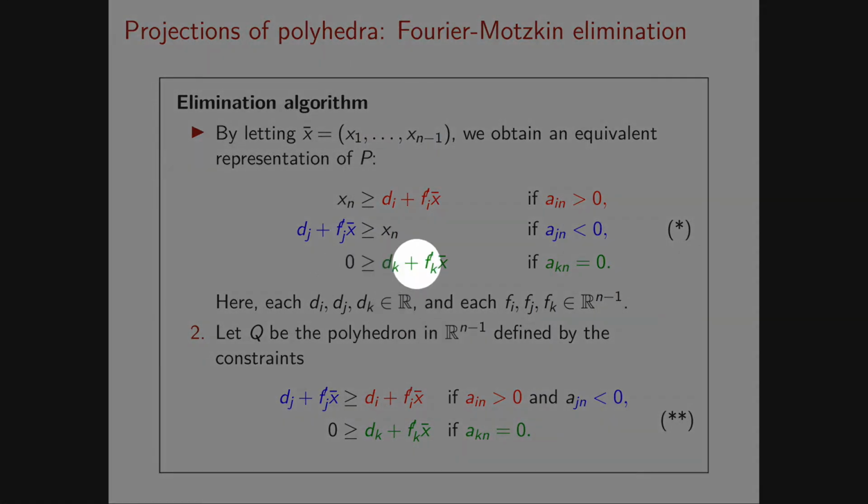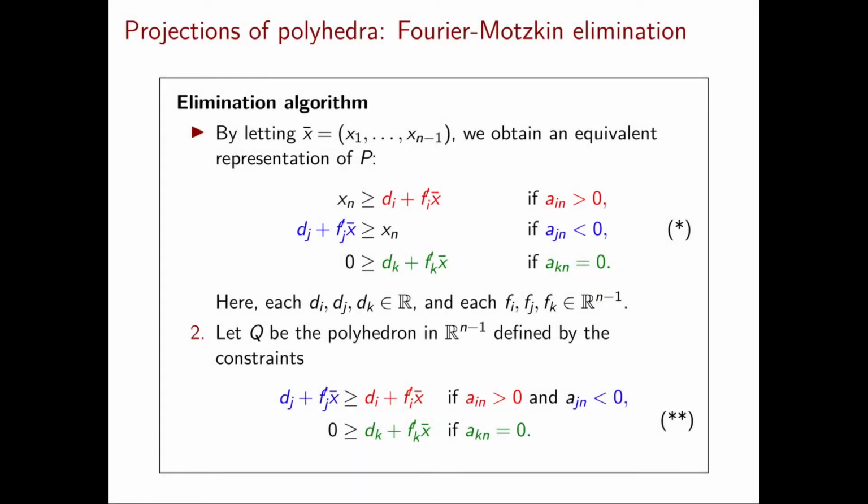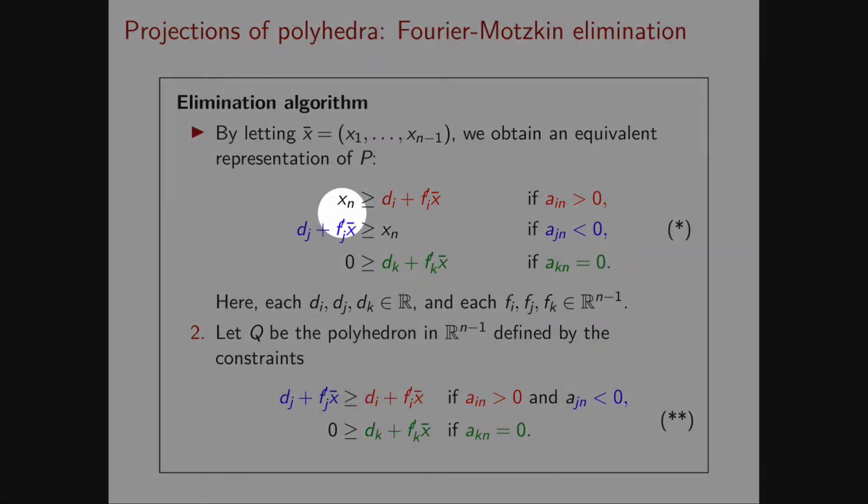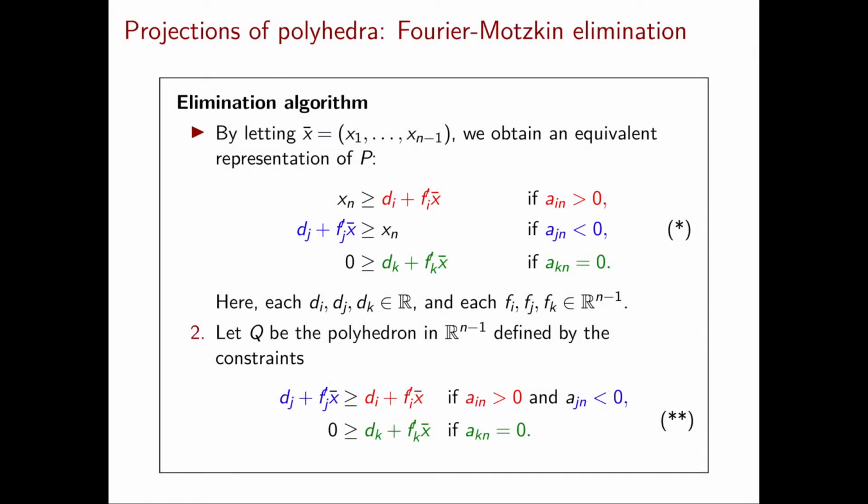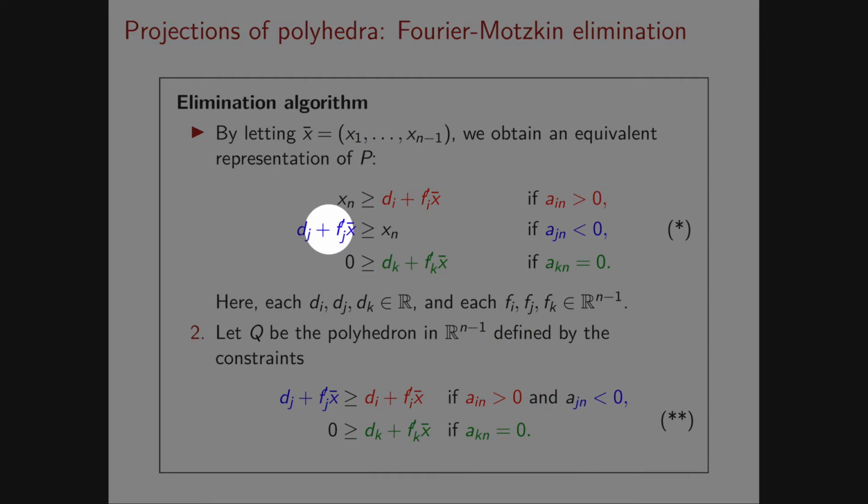The green inequalities that don't contain x_n at all are simply copy-pasted. This makes sense because these inequalities already have no x_n whatsoever, so we just copy them. But what about the other inequalities that instead contain x_n? Well, we need to write down an inequality that doesn't contain x_n at all. And so we're going to simply pick any upper bound on x_n and any lower bound on x_n and put them together. We write the upper bound greater than or equal to the lower bound.